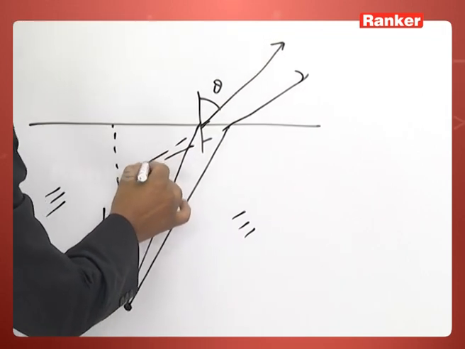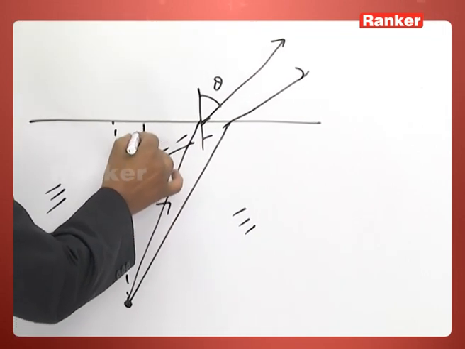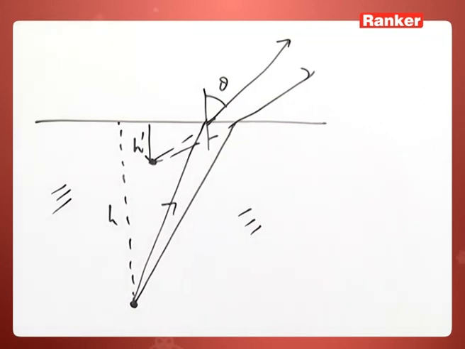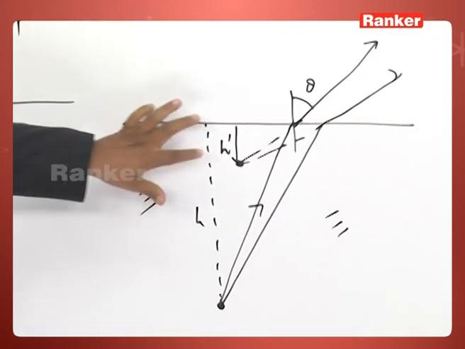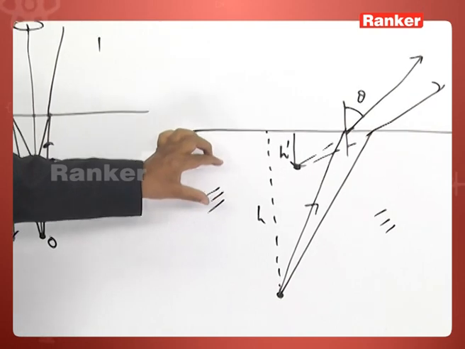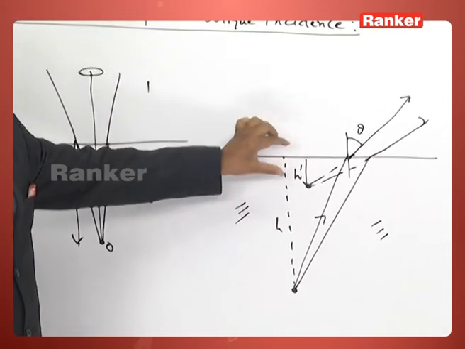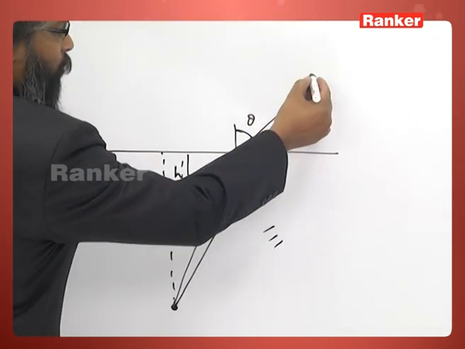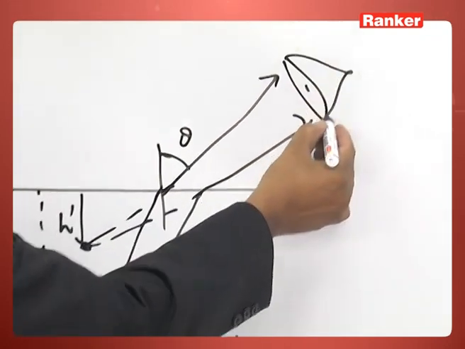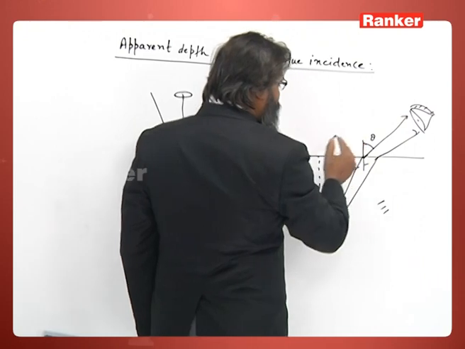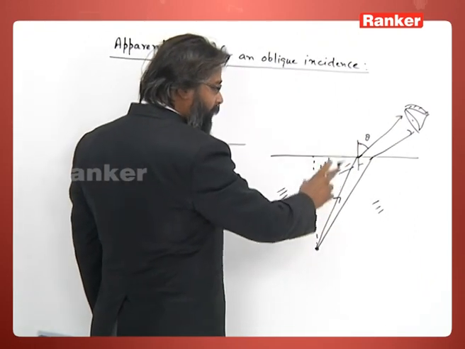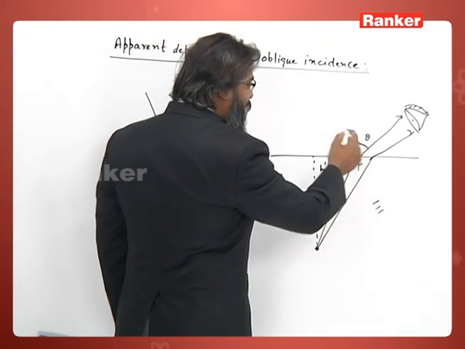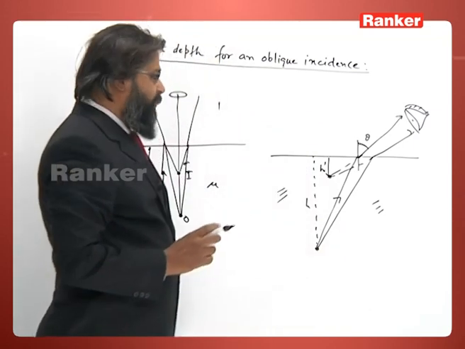So, the final image will be here, and this will be h dash. So, this time the h dash won't be h by mu, but it will be something else that we have to find out, and this is the angle of vision. So, this time we are really seeing things obliquely. This is not an exaggerated diagram, we are seeing really at this angle. So, this is not normal incidence.